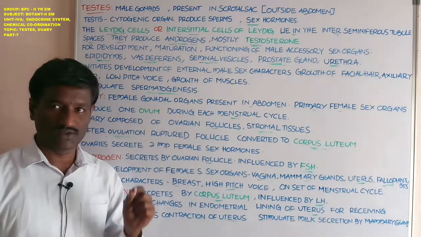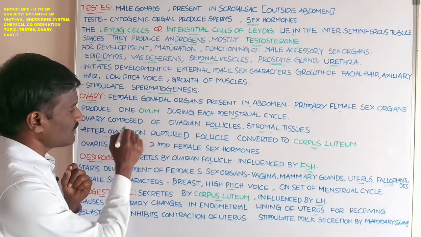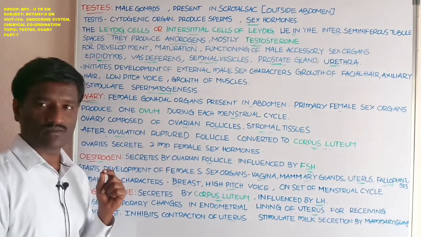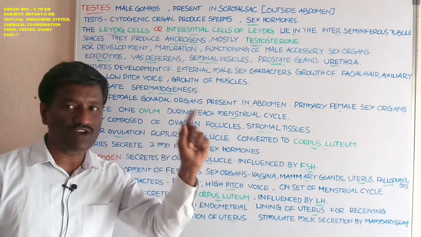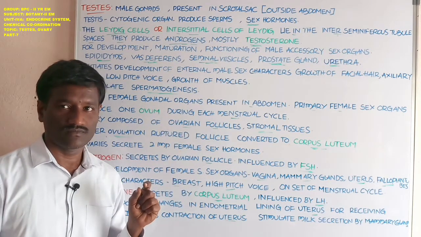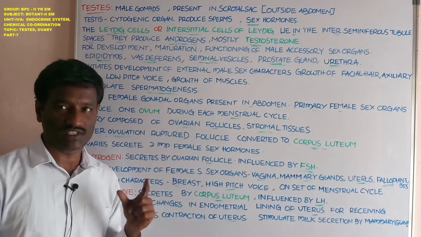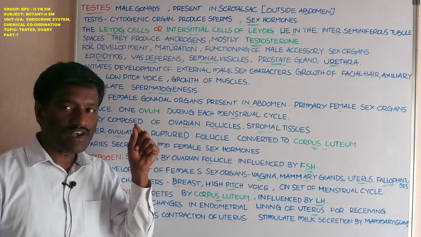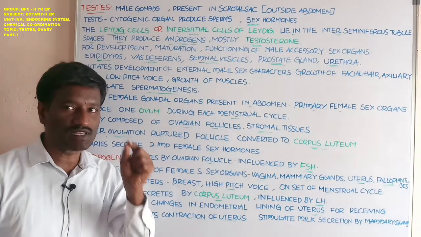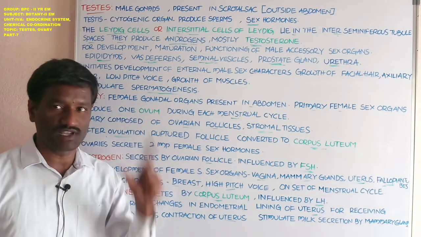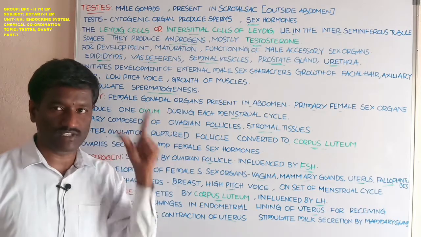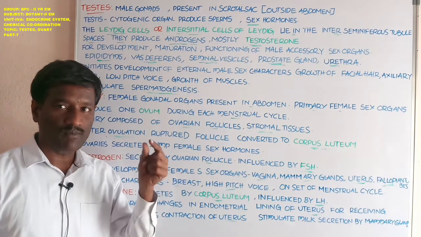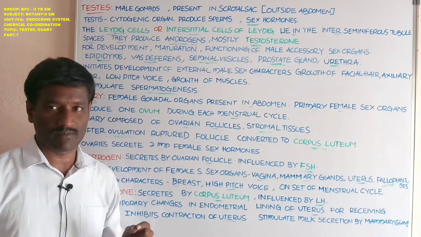Ovarian follicles go through development in each menstrual cycle. A fully developed ovarian follicle is called a Graafian follicle. The Graafian follicle ruptures and releases the ova.